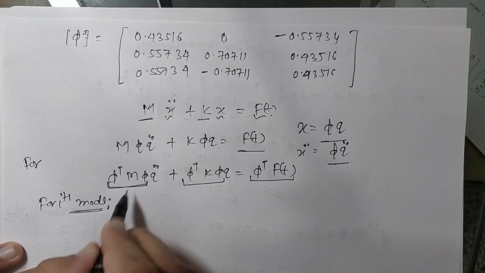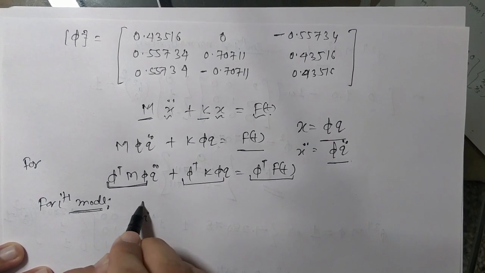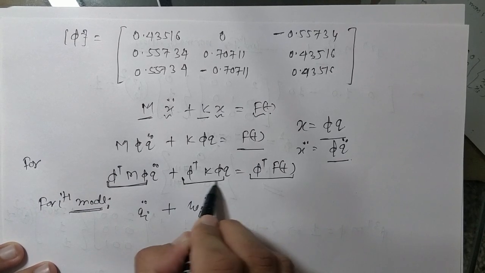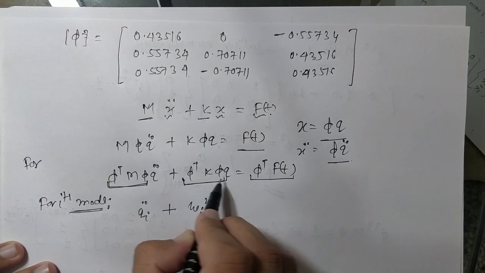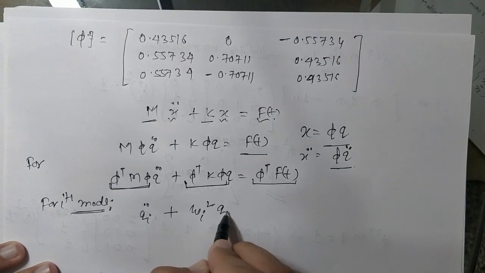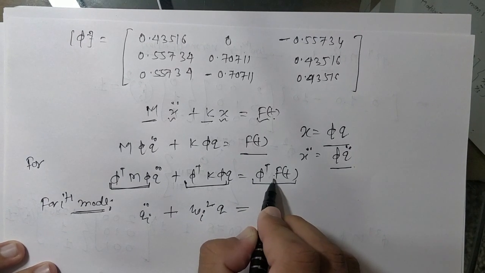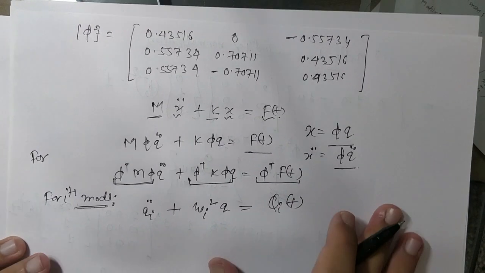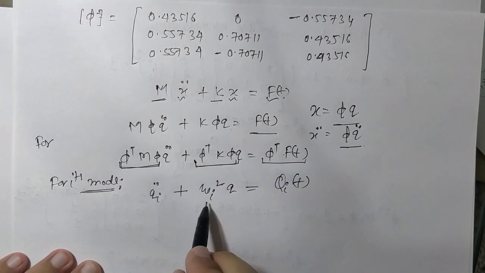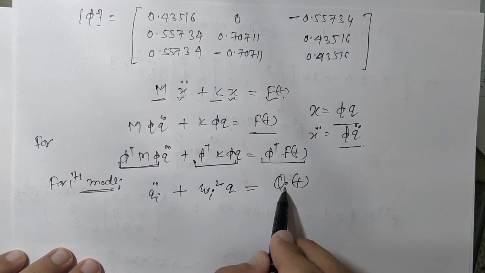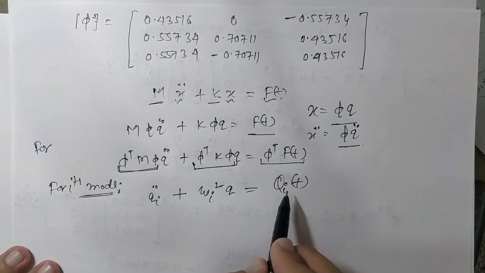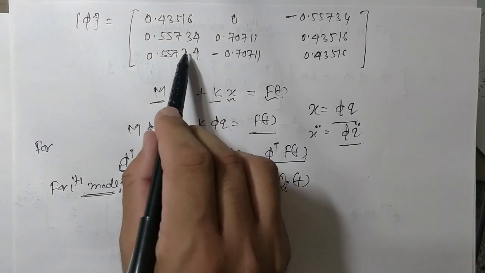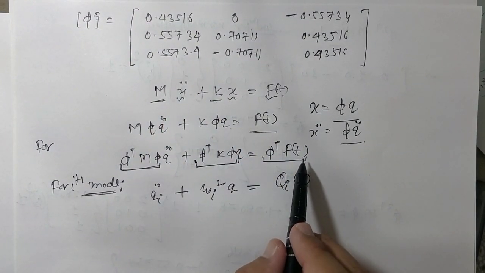So for the ith mode I can write qi double dot plus omega i square qi is equal to the generalized force Qi(t). Now we know the values of omega i, so we find the generalized force vector, which is the transpose of the modal matrix multiplied by the force vector.